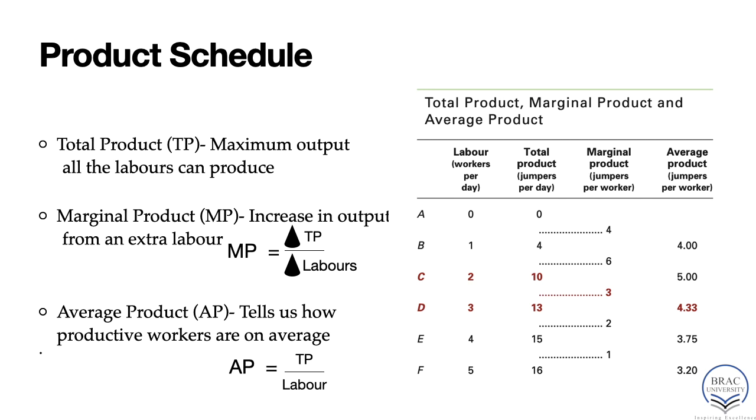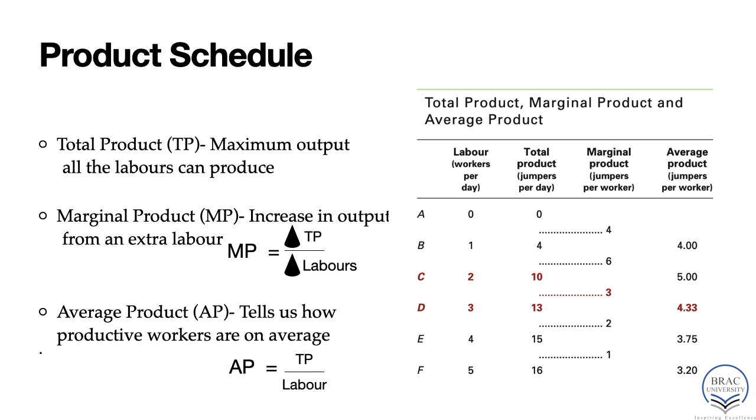So this is a product schedule of a knitting firm that produces jumpers. I have intentionally taken this example straight from your book so that when you read your book, you find relevance. Now, the product schedule shows us total product, which is the maximum output all the labors can produce.